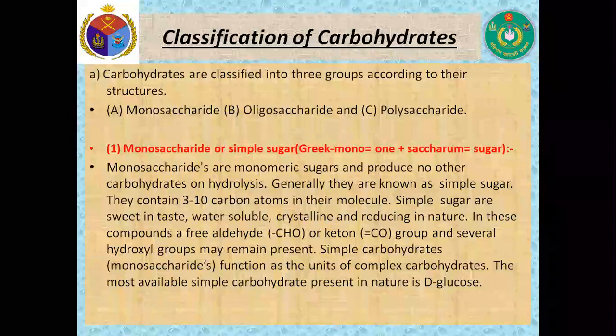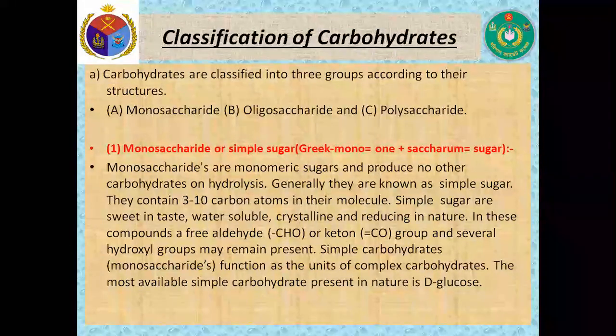They contain 3 to 10 carbon atoms in their molecules. Simple sugars are sweet in taste, water soluble, crystalline, and reducing in nature. In these compounds, a free aldehyde or ketone group and several hydroxyl groups may remain present.